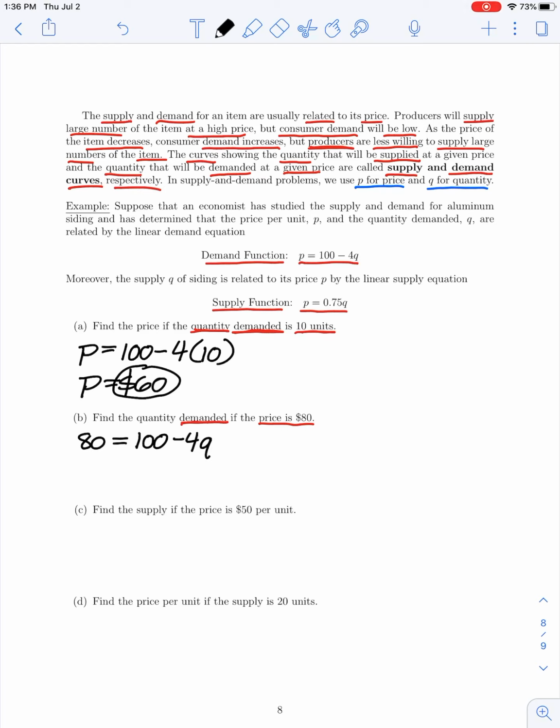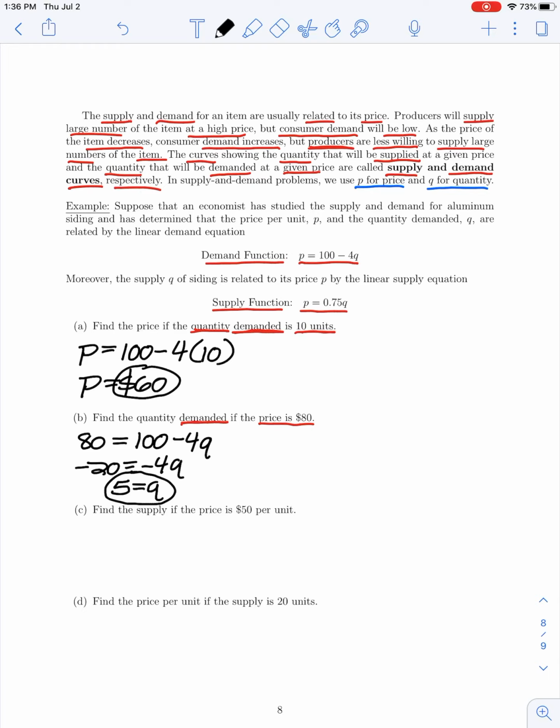We want to solve for Q. So subtracting 100 from both sides, we would have negative 20 is equal to negative 4Q. And dividing both sides by negative 4, we find that Q would be equal to 5. So the quantity demanded at a price of $80 would be 5.